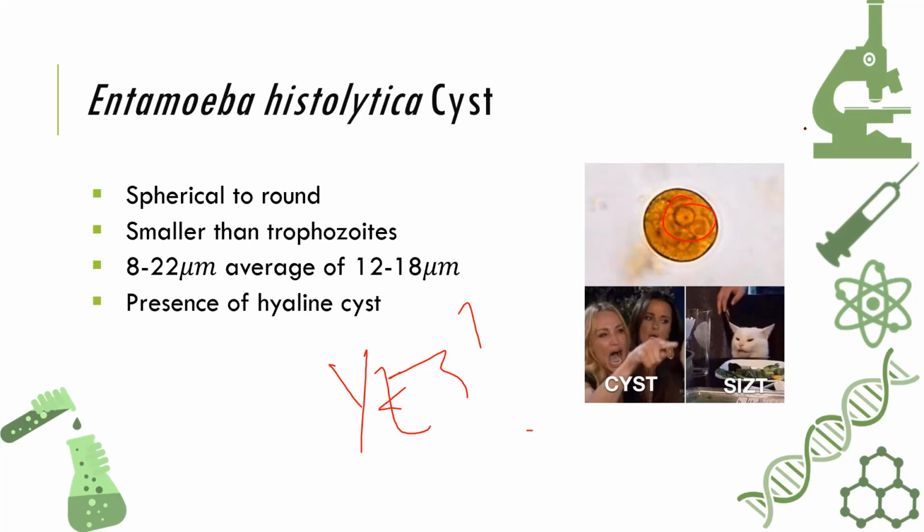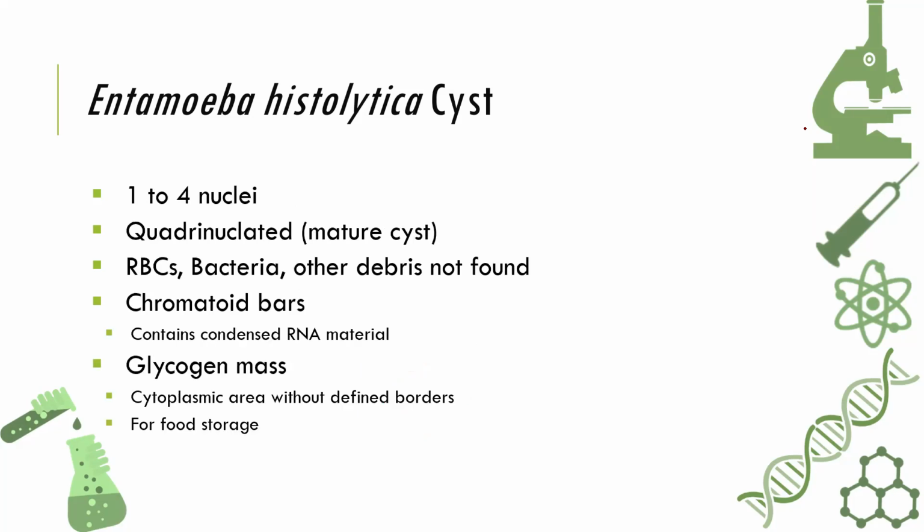The ingested RBC can only be seen in the trophozoite. It can't be seen in our Entamoeba histolytica cyst.